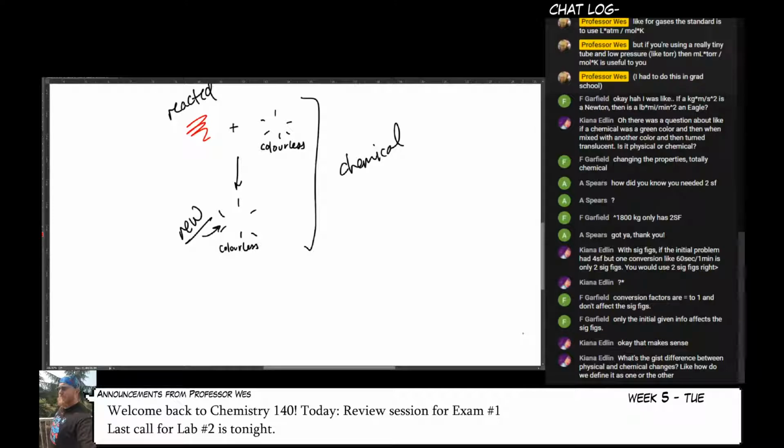That's difficult. So burning something causes it to change pretty much irreversibly. A physical change you can undo trivially. Like if you freeze something, you've turned it from the liquid state to the solid state. So look for ease of reversibility. Can you undo the action that is being proposed? Or is the action just not doing anything at all? Like if I look at something and say, oh, it's blue, me looking at it doesn't change the object in any way. So the color that something has would be a physical property because you don't change its chemical identity.